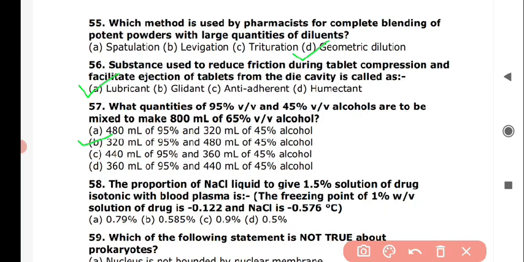Next question is, the proportion of NaCl required to give 1.5% isotonic with blood plasma is, where the freezing point of a 1% weight by volume solution of the drug is minus 0.122 and NaCl is minus 0.576 degrees Celsius. So the correct answer for this question is option B, 0.585%.